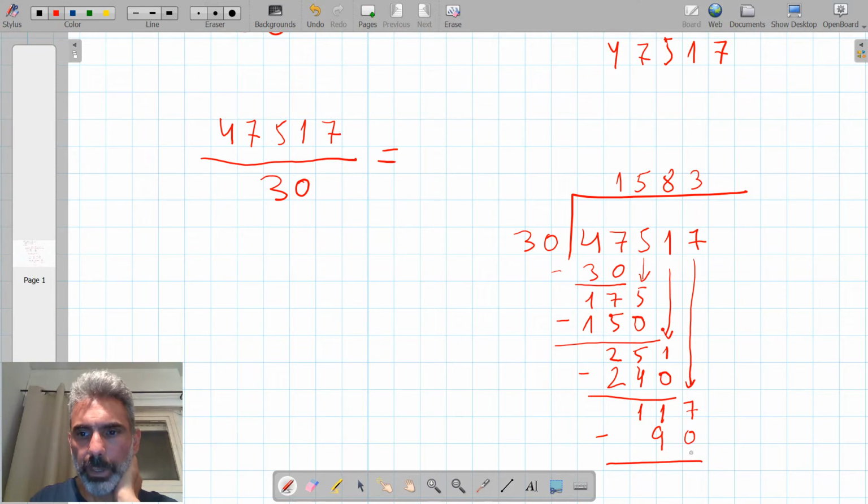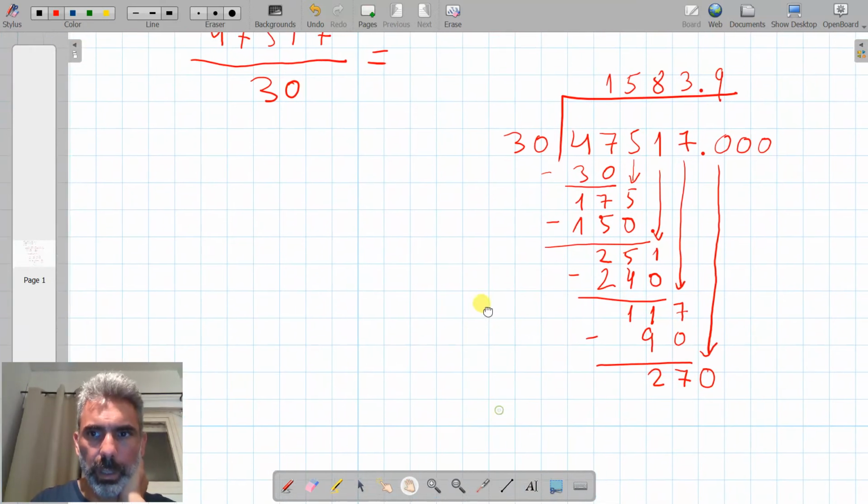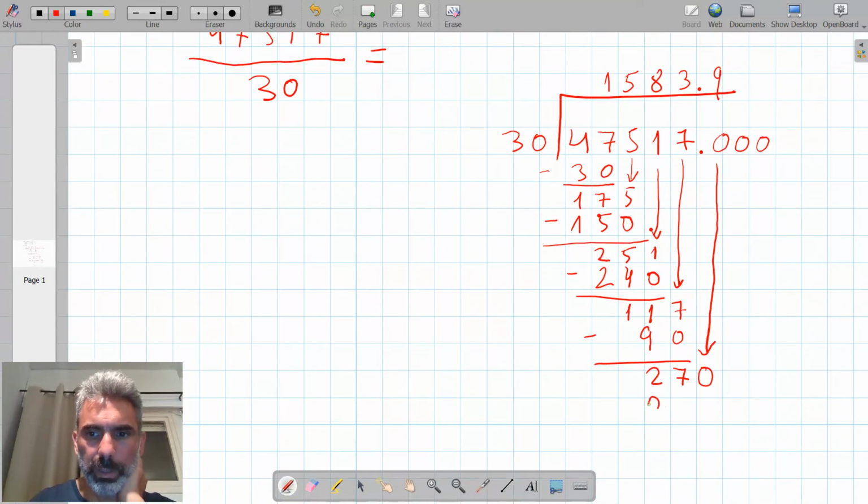And we have a remainder of 11 minus 9 is 2 of 27. So decimal point. Bring down the 0. Put the decimal point here as well. No, it's not 0. 30 goes into 217, 9 times. 9 times 30 is 270.